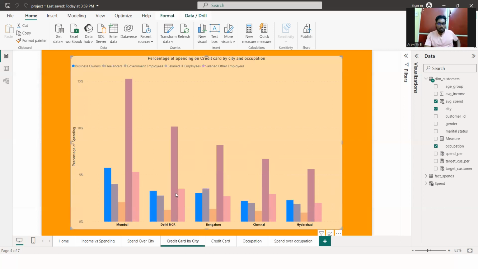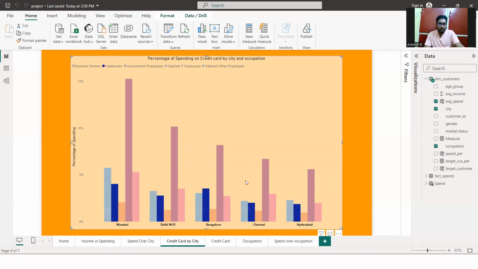Along with the other cities, there is more credit card spending. In Hyderabad, business owners will spend more than the Chennai business owners, Delhi and Bangalore are almost similar, and Mumbai, as usual, is in first place for spending.